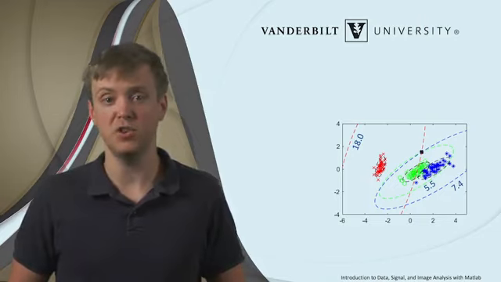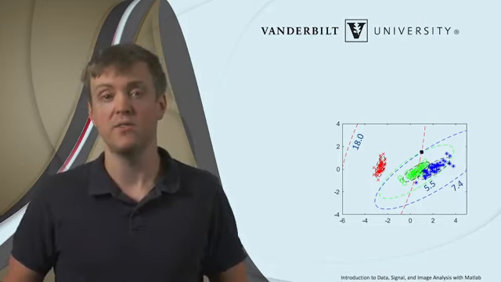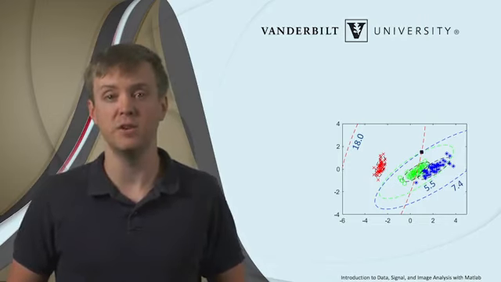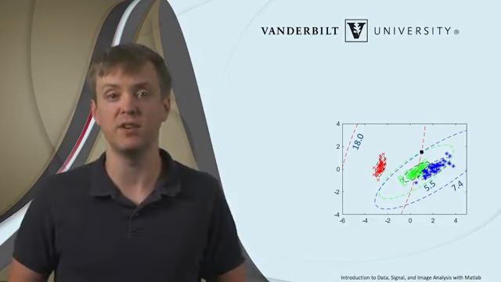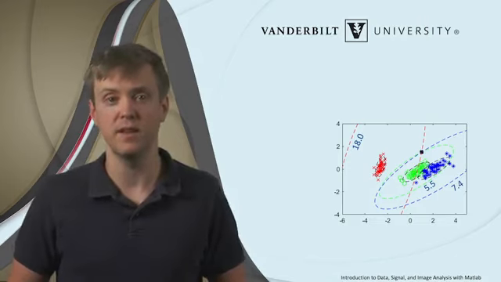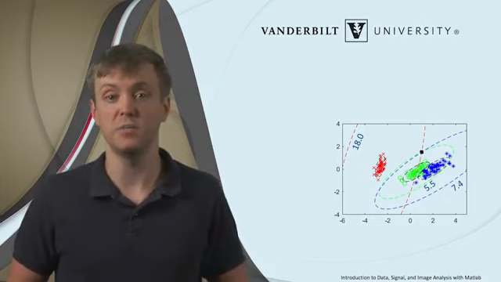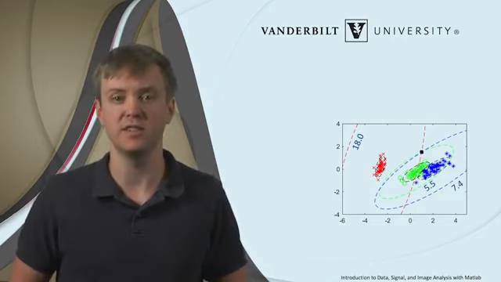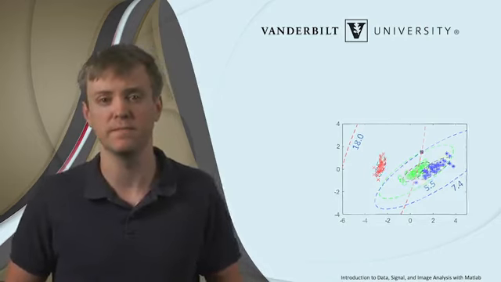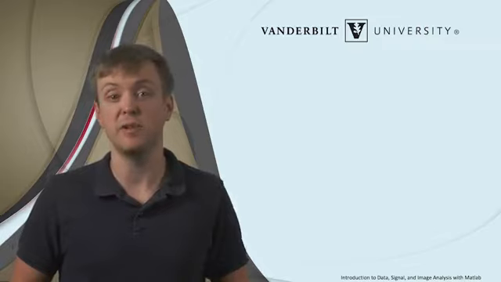Next, compared to the blue class, we have a Mahalanobis distance of 7.4. Finally, we see our new data point has a Mahalanobis distance of 5.5 to the green class. Our classifier would thus classify our new point as belonging to the green class since it has the lowest Mahalanobis distance to that distribution. Let's look at an example in Matlab to see how this works.